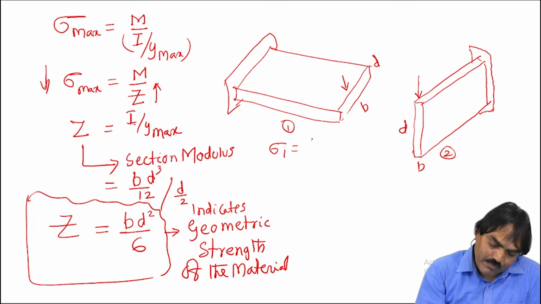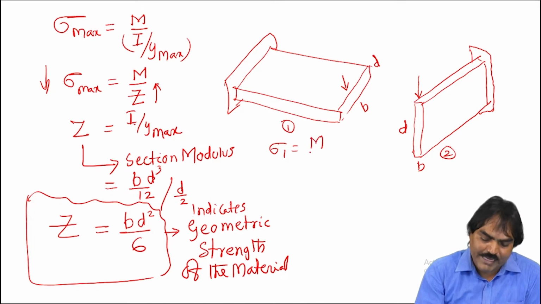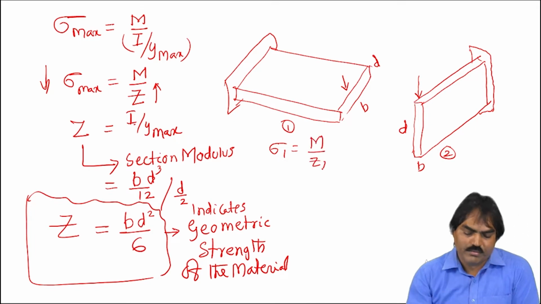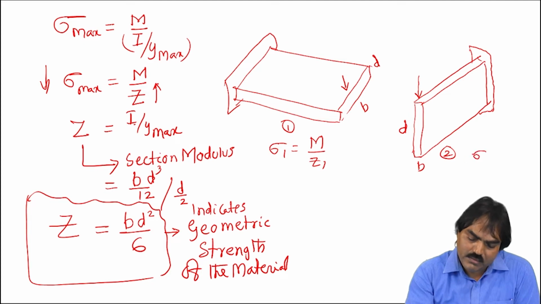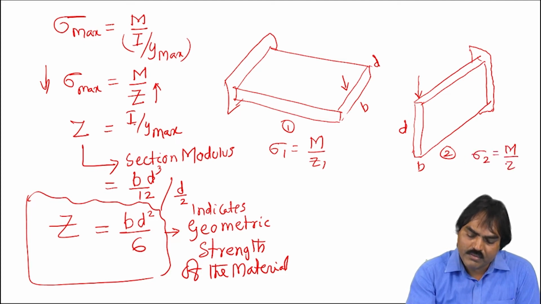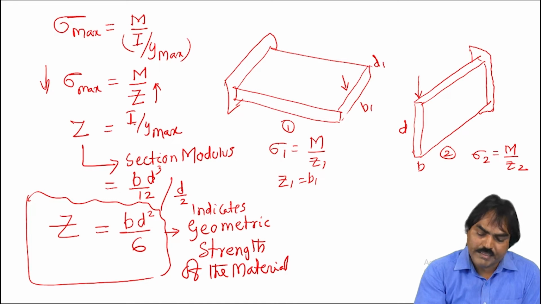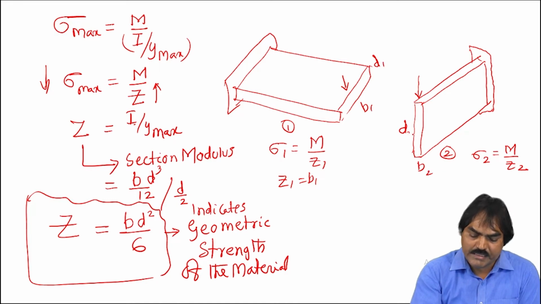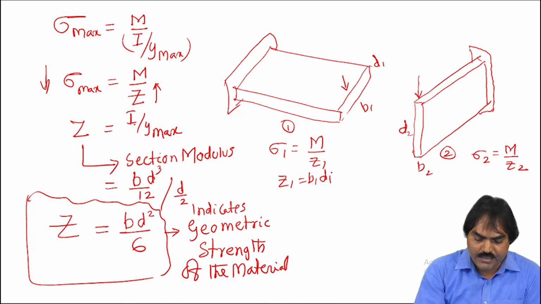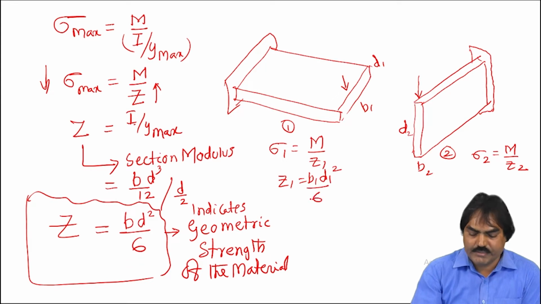Sigma 1 is given by, the moment being the same, M by Z1. In this case, sigma 2 is given by M by Z2, where Z1 is b1 d1 square by 6, with b1 and d1 here, and b2 and d2 here.